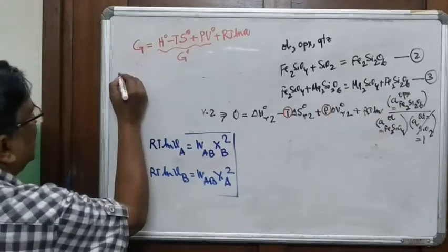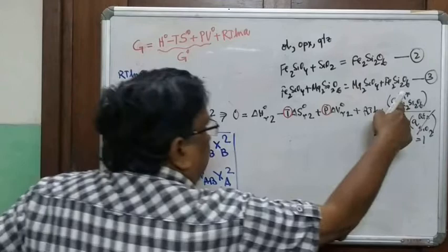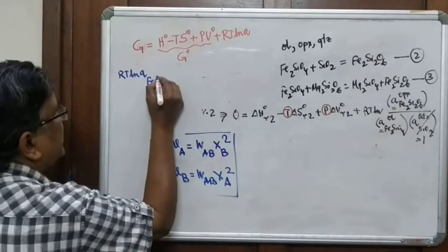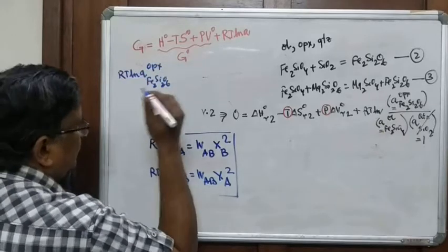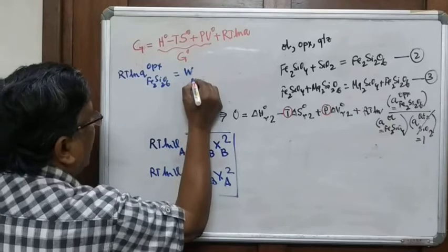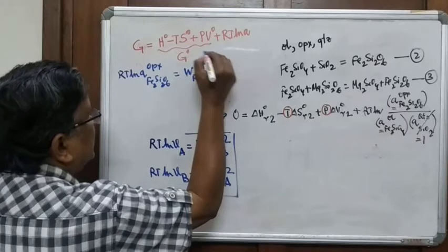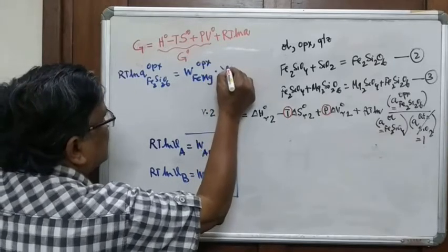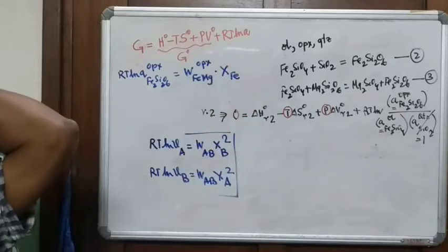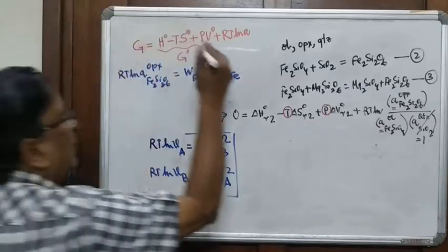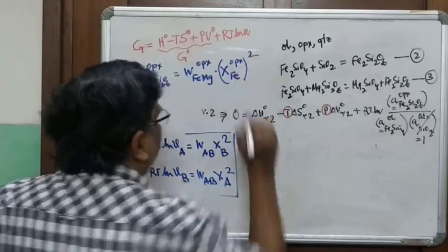You see what I do. RT ln activity of Fe2Si2O6 in orthopyroxene is equal to W Fe-Mg orthopyroxene into X Fe squared.